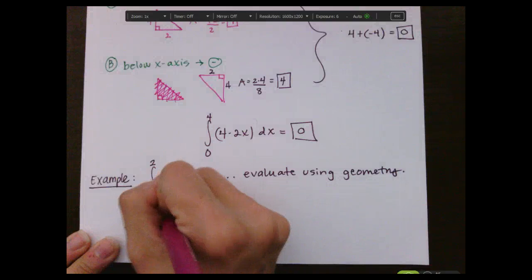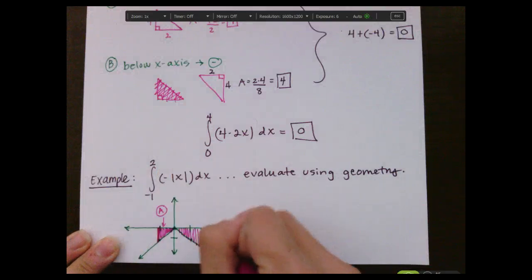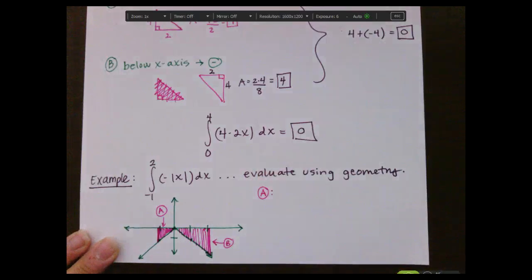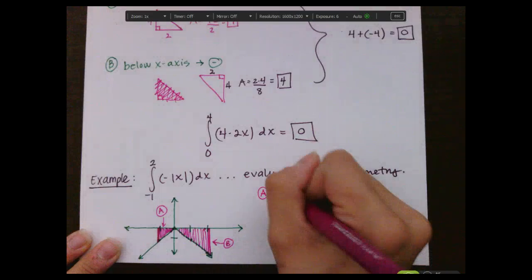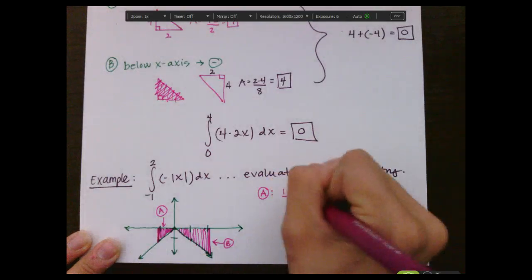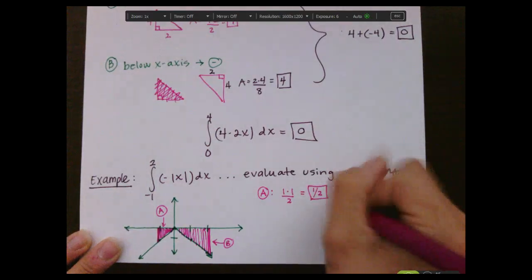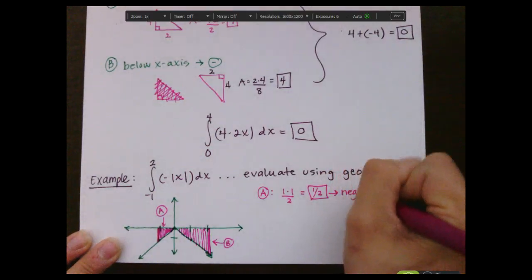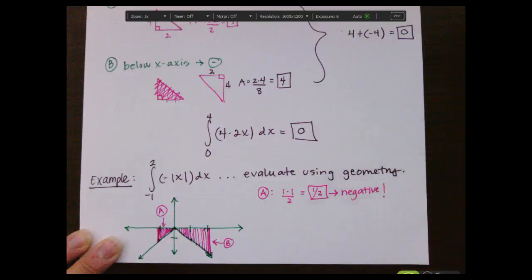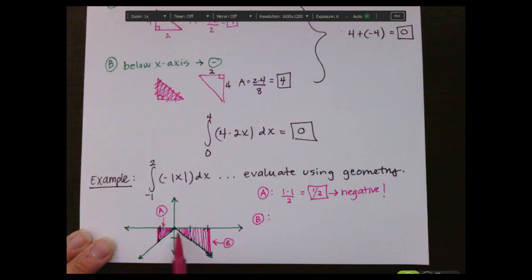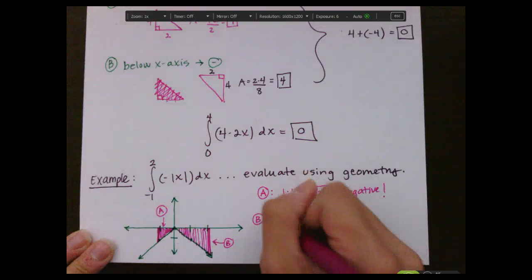So once again, let's separate into two regions that I can find the area of individually and then add them together. So A is a right triangle, its base is 1, its height is 1. Divide those by 2 and I get an area of 1/2, except it has to be negative because it's below the x-axis. In this second right triangle, I have a base of 2.